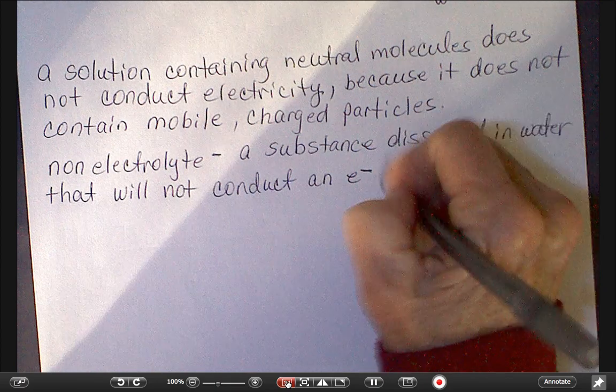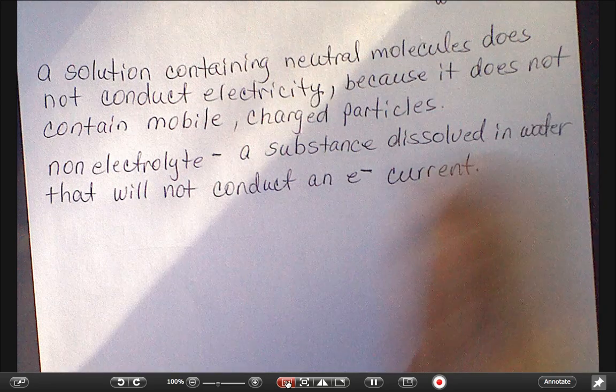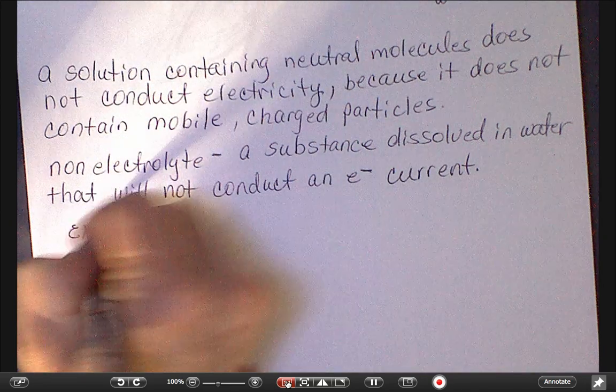I'm just going to put an E for electric current. Okay. Example, sugar is a non-electrolyte.